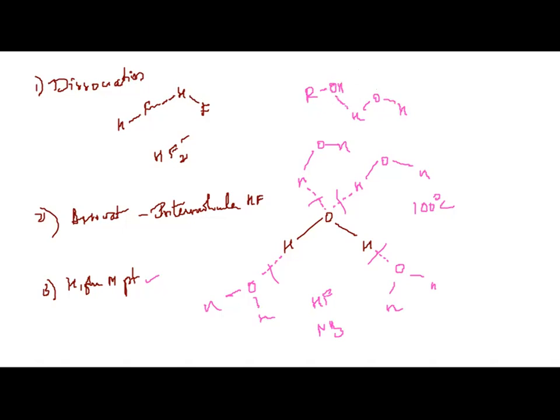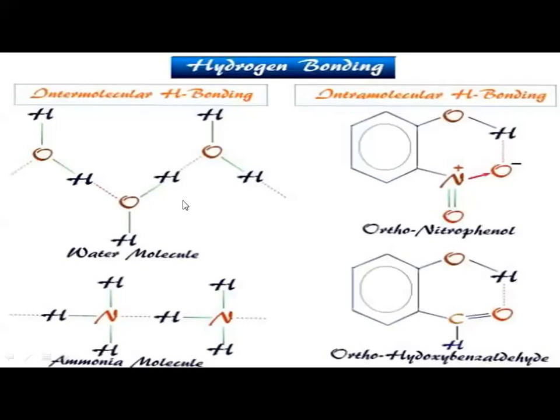Volatility character we have. Since there is intramolecular hydrogen bonding, they will not leave the surface that easily, so that becomes more volatile. So for intermolecular hydrogen bonding, these are the examples. You can see water molecule, ammonia molecule, NH3. Nitrogen of one molecule has formed bond with hydrogen of the other molecule.